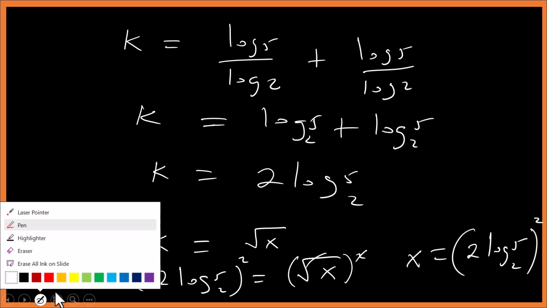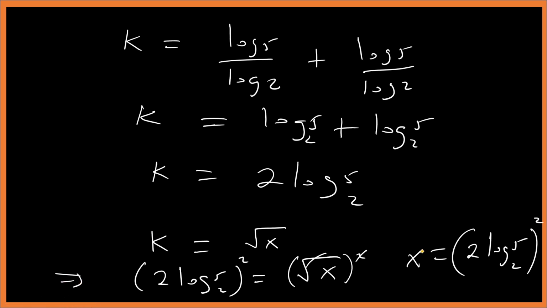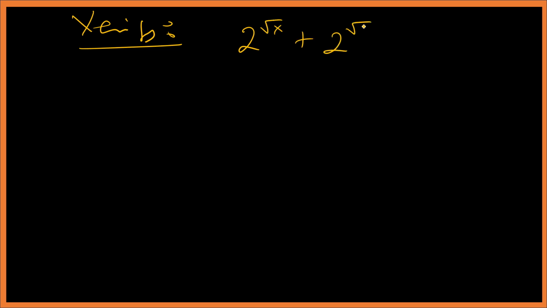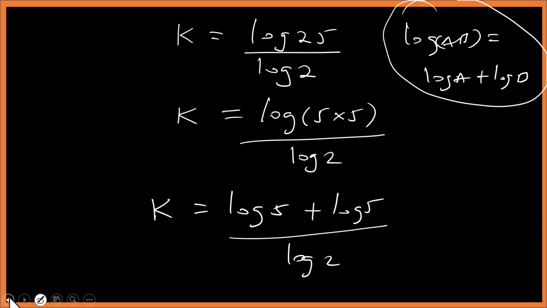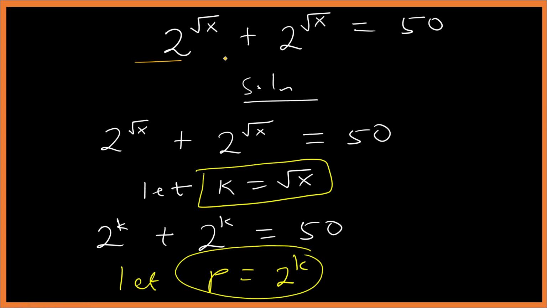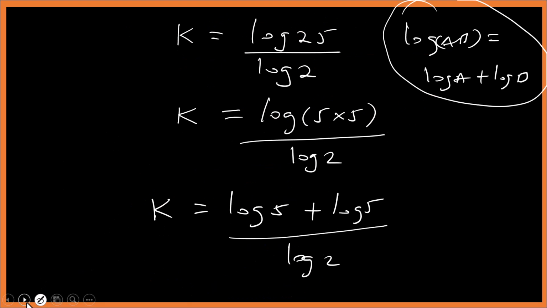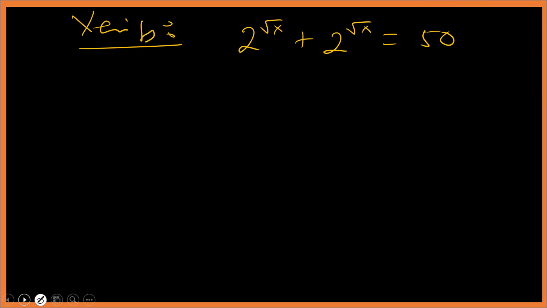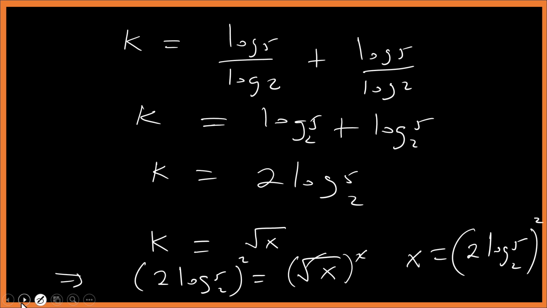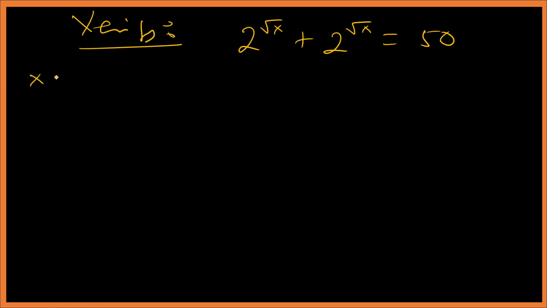So let's see if this is correct as we verify. So let's verify. So we have 2 raised to root x plus 2 raised to root x equals 50. Let's confirm. So the answer for x is 2 log 5 to base 2 all squared.